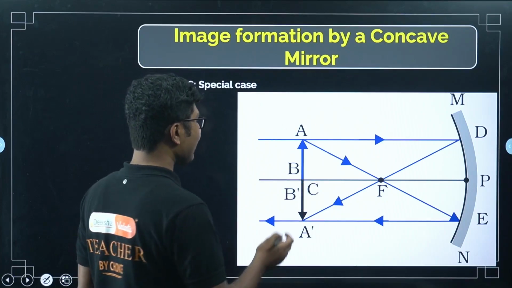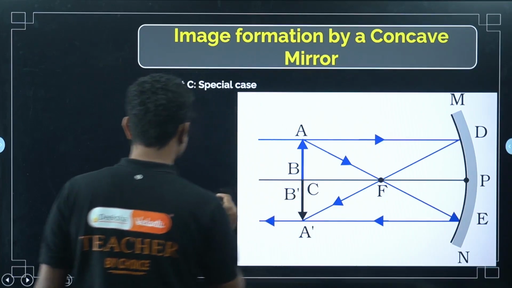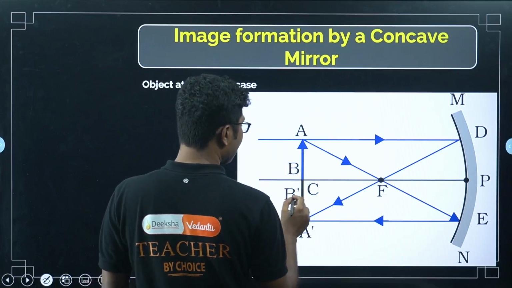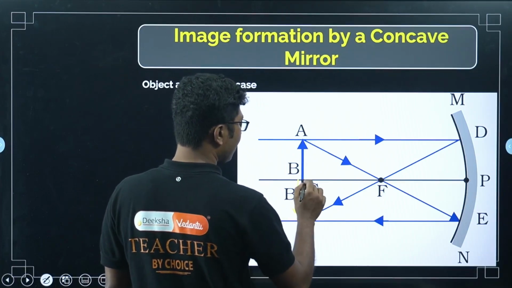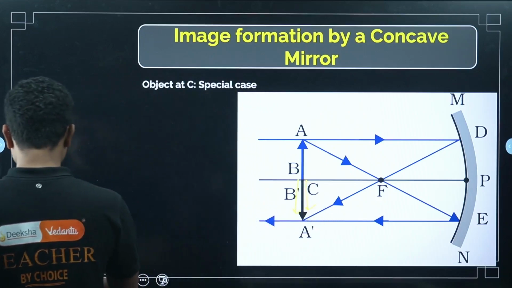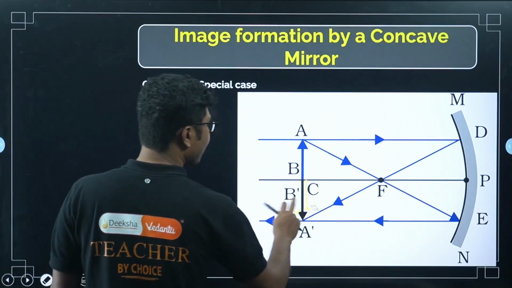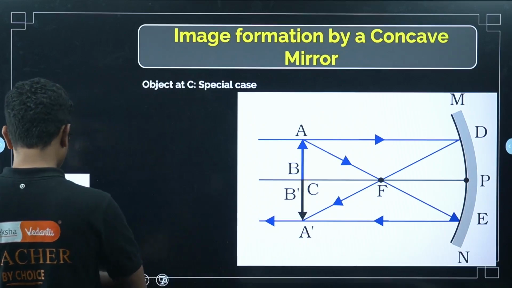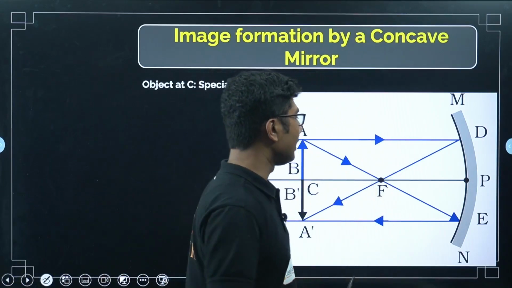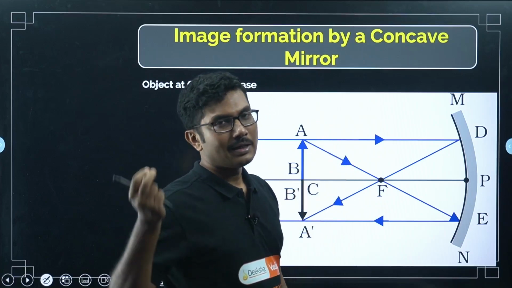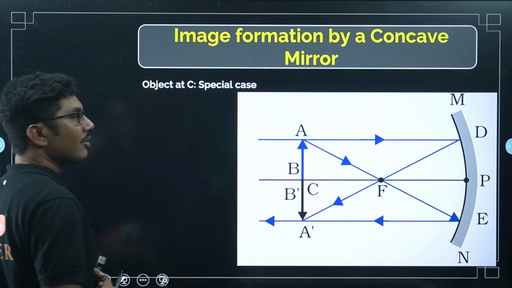Suppose your object was here, you will get the image somewhere slightly displaced, somewhere here or somewhere here. You will not get exactly the same position, even if there is a small mistake while you are drawing. If it is not perfectly parallel, even if it is slightly mistaken, your image will not come correctly.